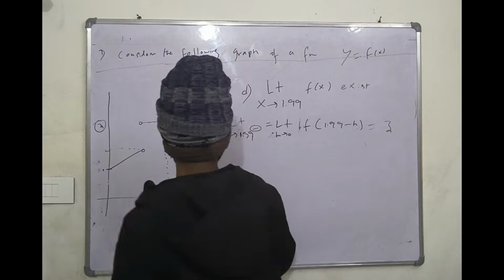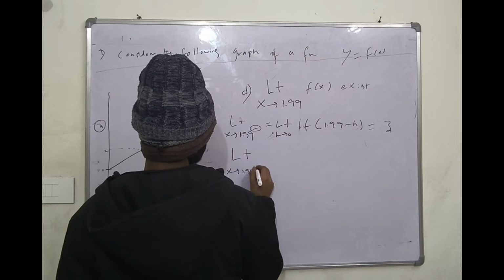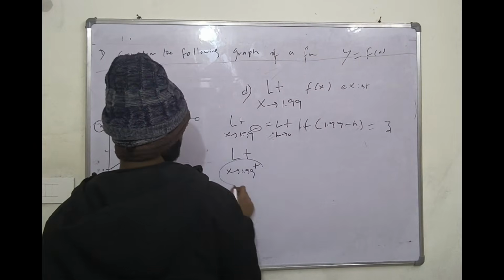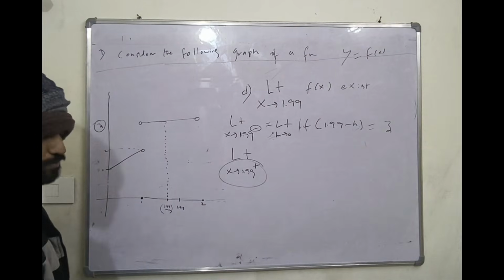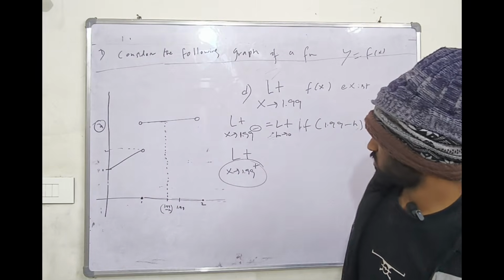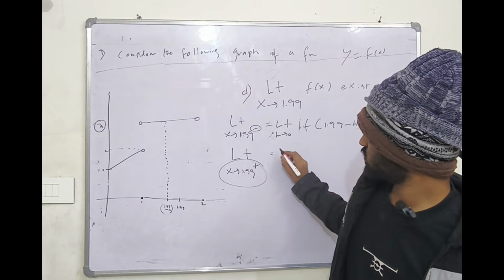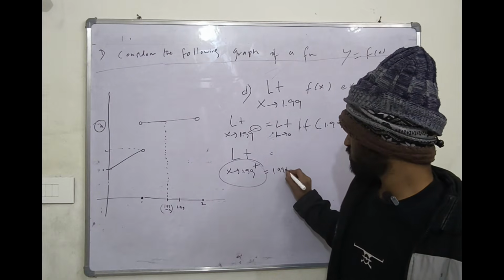Now comes the right hand limit, x tends to 1.99 plus. So here comes the question: can we say 1.99 plus is 2? This is limit h tends to 0 f of 1.99 plus h.